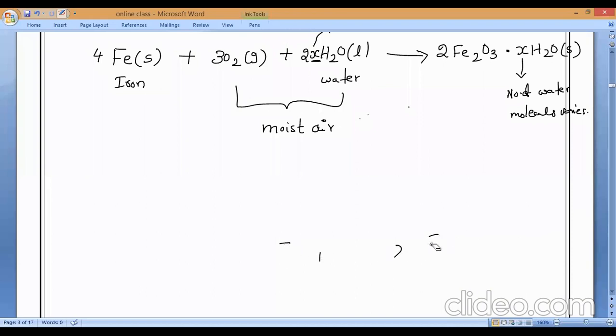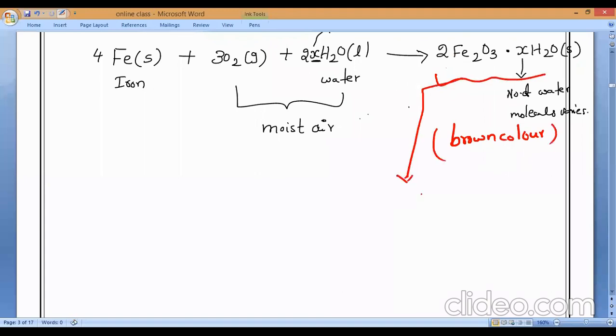What is the color of this iron oxide? Anybody? Reddish brown. Do you understand? So it will form a brown color substance. That brown color substance we call iron oxide XH2O. What is the name of this one?